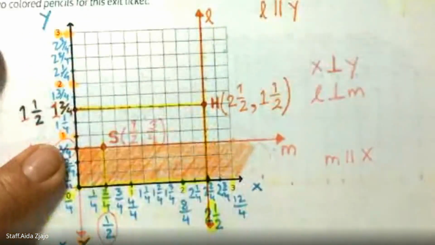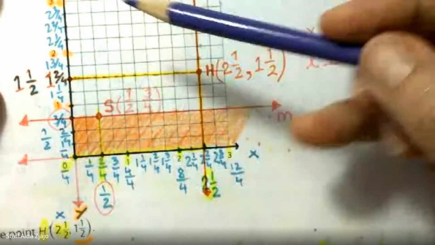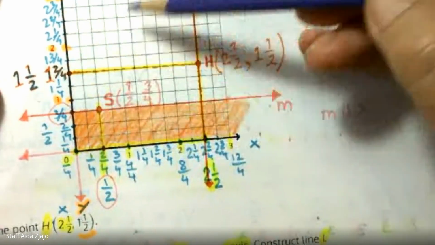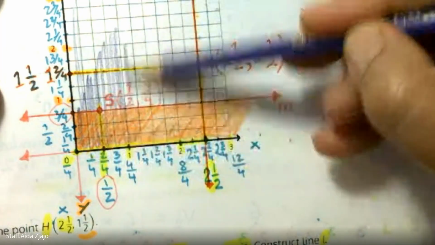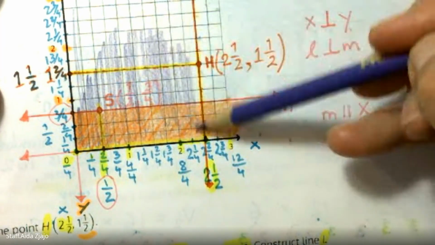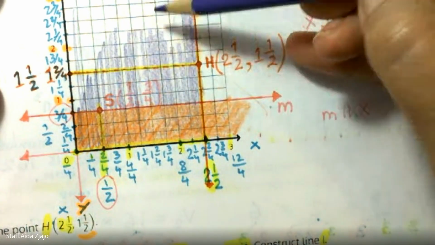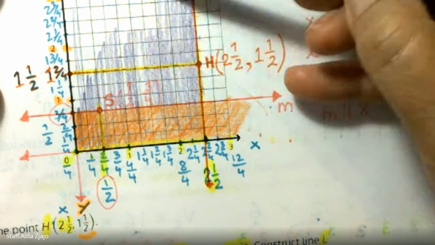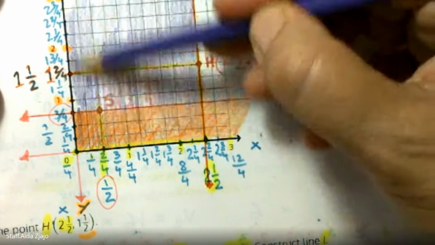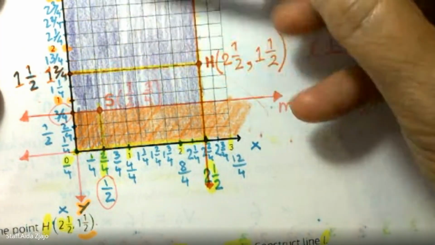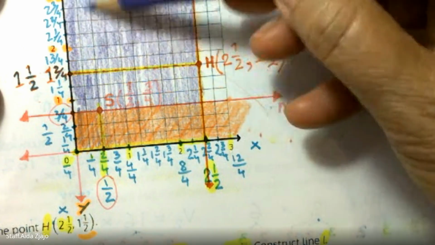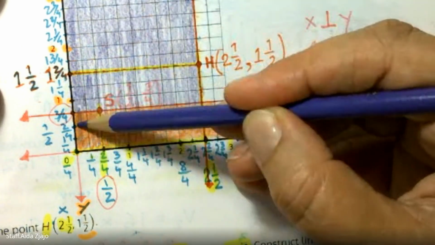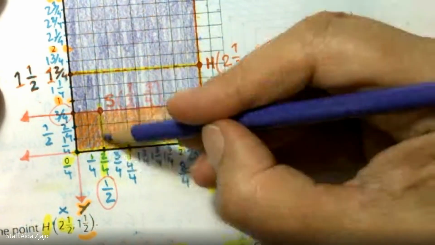So everything in here has to be less. If I color that, all this is less than 2.5. So in between the y-axis and this line is everything that is less than 2.5.